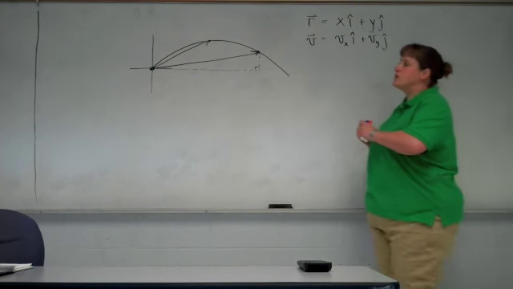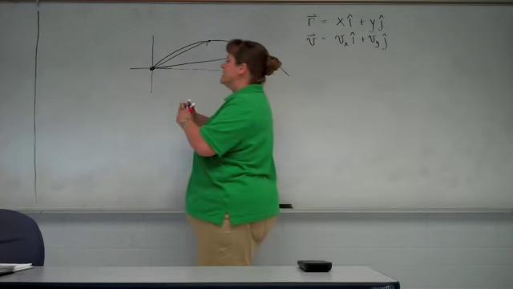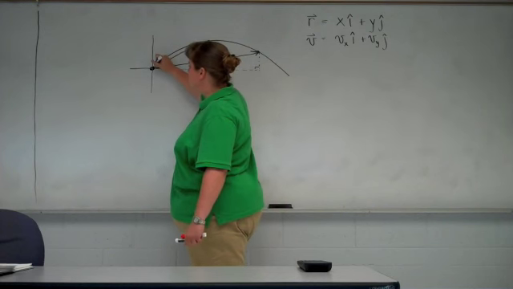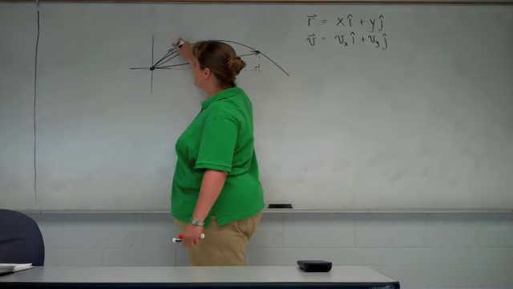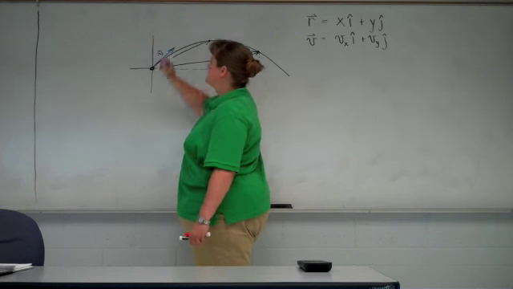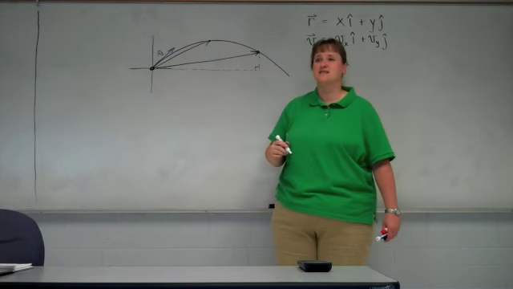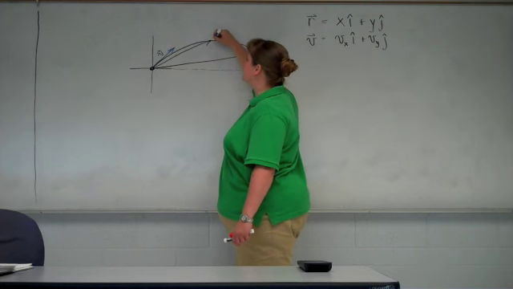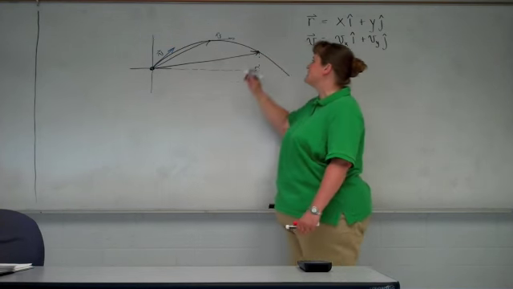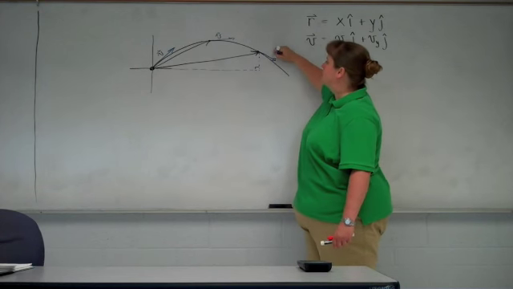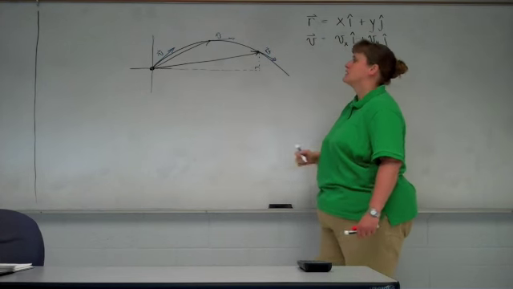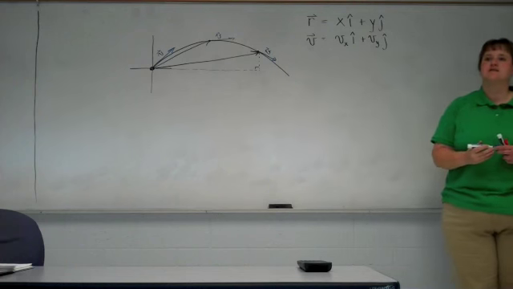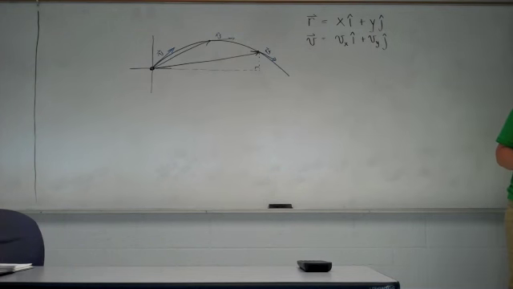So this ball, when it is hit, its velocity is tangent to the trajectory. So its velocity has an x and a y component. As the ball continues through its motion, its velocity is always tangent to the trajectory. So the velocity has x and y components as well.